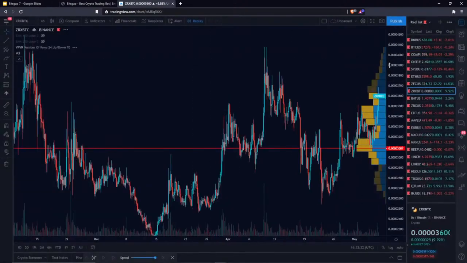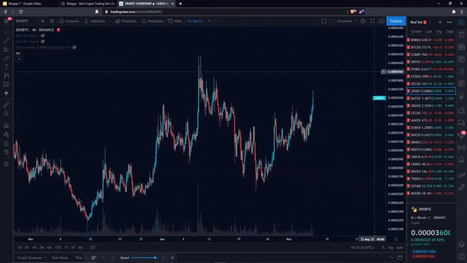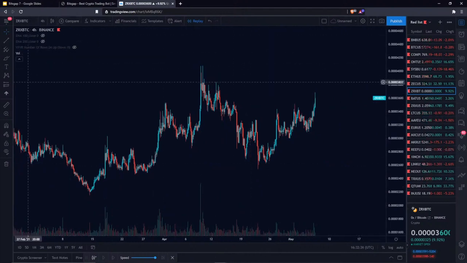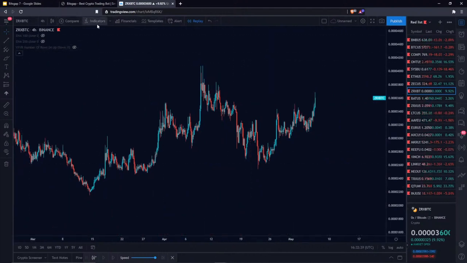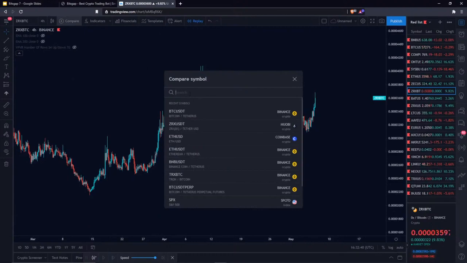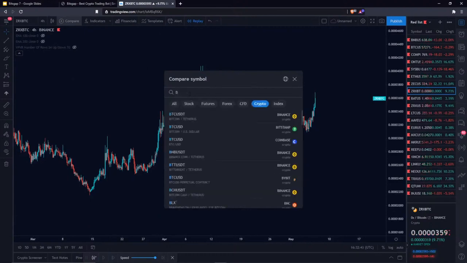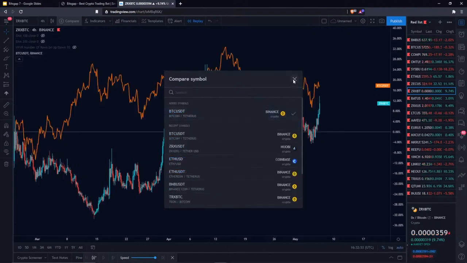Yes, here we go. Let's close this one. And now let's actually get rid of the volume as well. And let's switch to compare mode. So as we generate returns in Bitcoin, we are interested in the value of Bitcoin as well. So let's use BTC USDT from Binance.